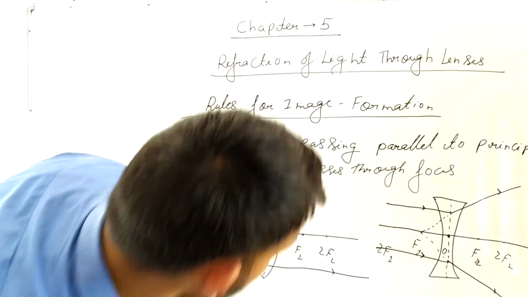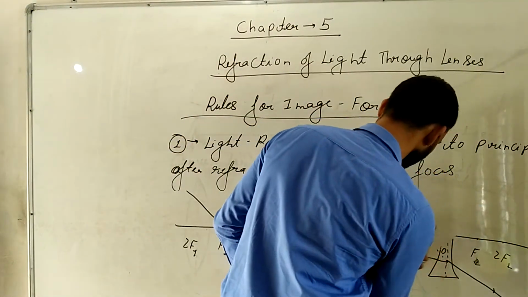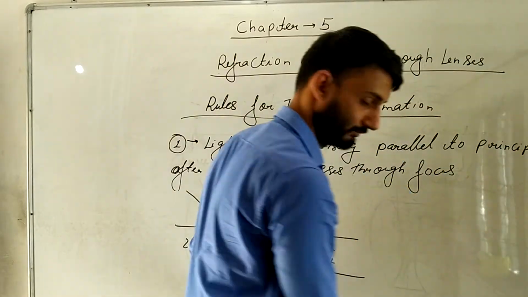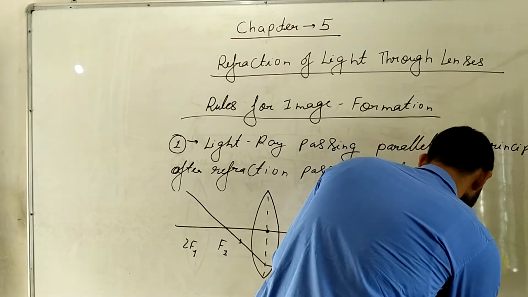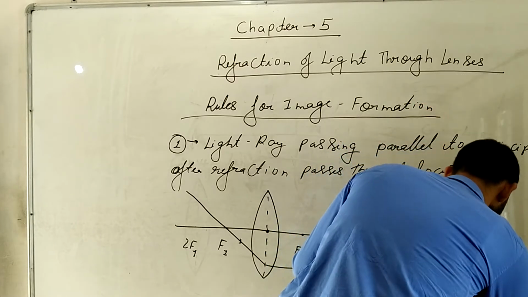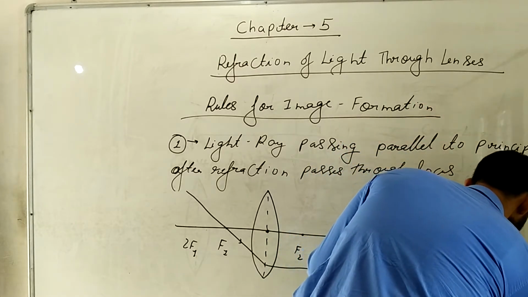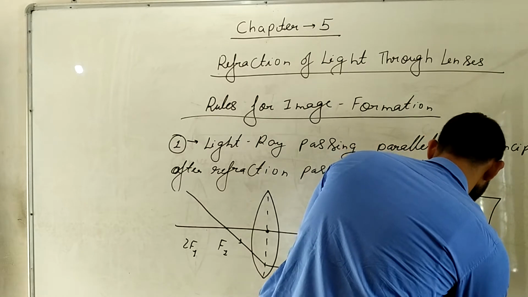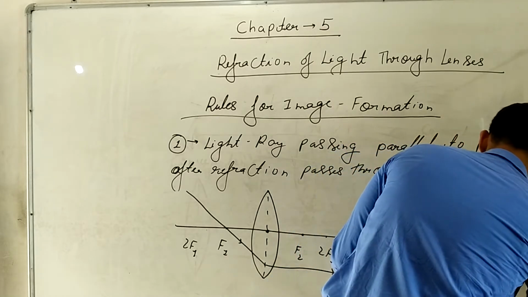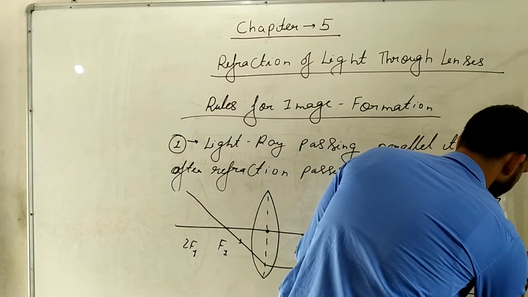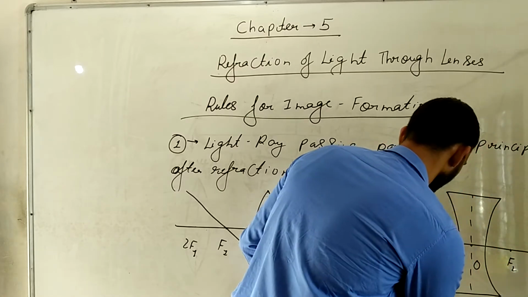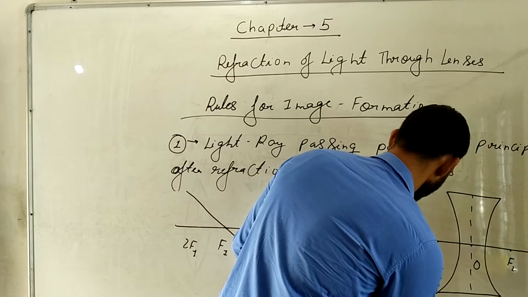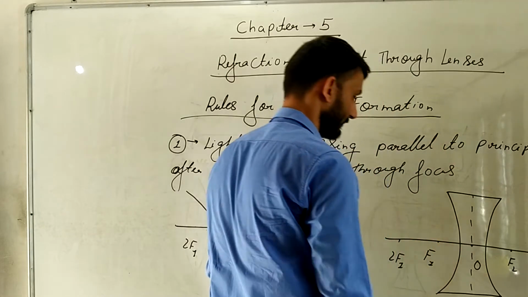Okay, so the same we will be dealing with concave. So concave lens, principal axis, optical center, f2, 2f2, now f1, 2f1.